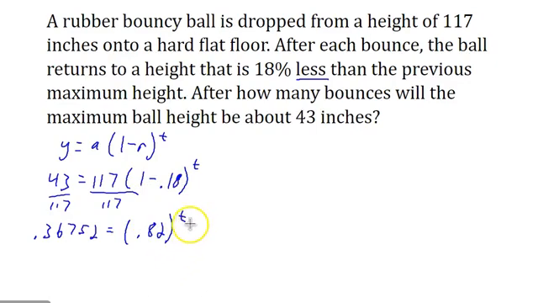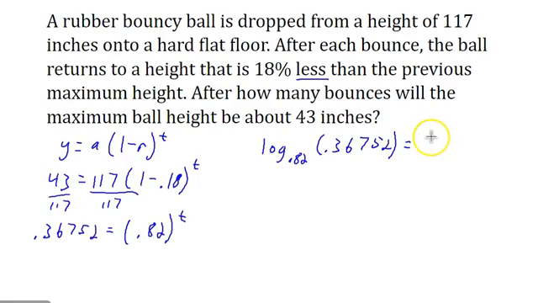All right, our variable is an exponent, so we'll go ahead and rewrite this exponential equation using logarithms. The base in the exponential equation is 0.82, so that will be the base in our logarithm, of the number that is not the exponent.